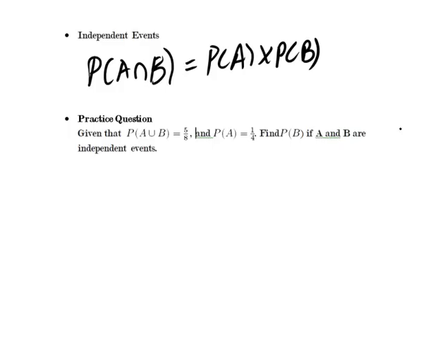Find the probability of B if A and B are independent events. If A and B are independent, we have the condition for independent events. We equally have the condition.